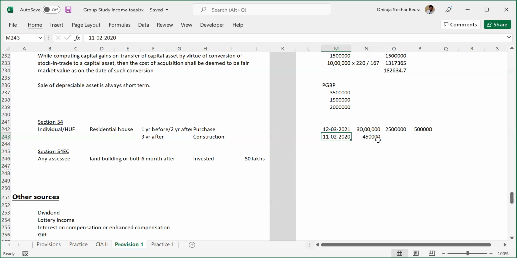Now suppose I'll give you another example. I'll change the date. This is not 11th February, I'll make it 11th May. And 4,50,000, suppose it is 45 lakhs, but it is actually construction of a property. You have not purchased it, you have constructed the property. How much of benefit can you take from this section?